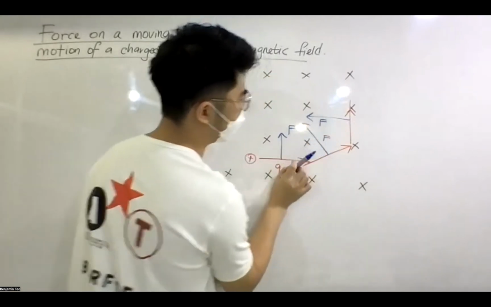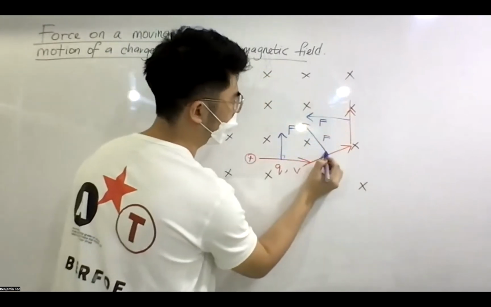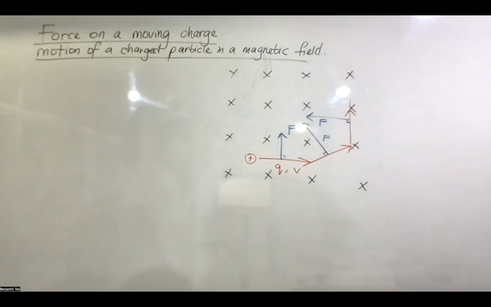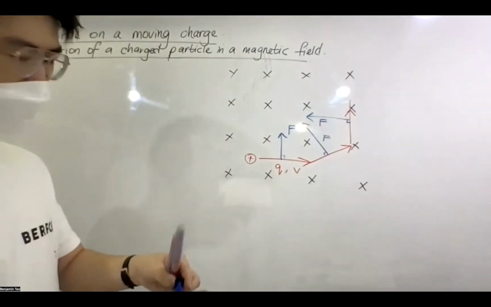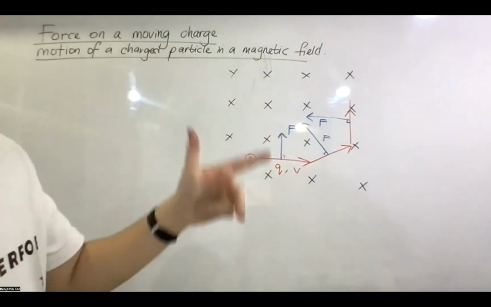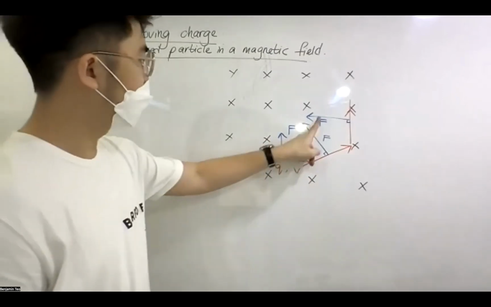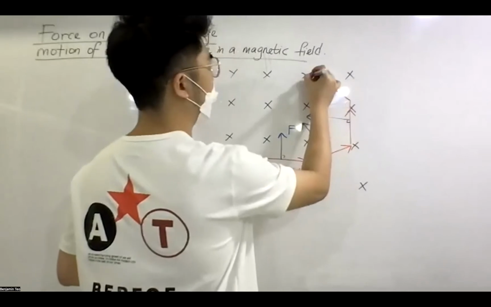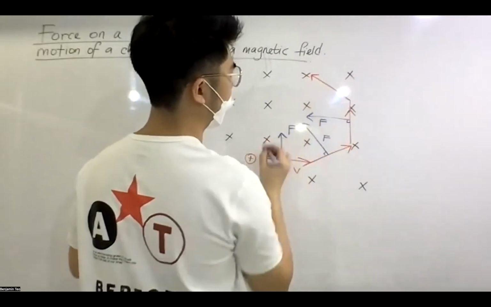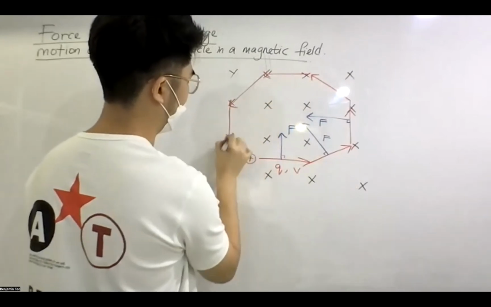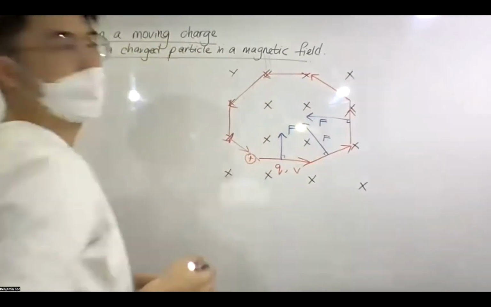The force is acting always perpendicular to the velocity vector. Okay? Because your left-hand rule is always perpendicular. Your force is always perpendicular. All right. So again, it tries to come here. It is deflected. Here, here, here, and then here.